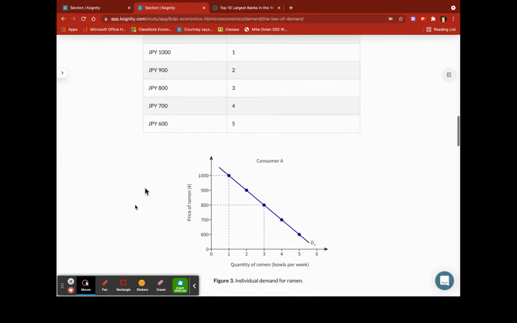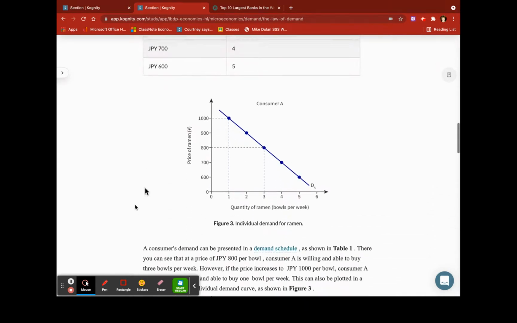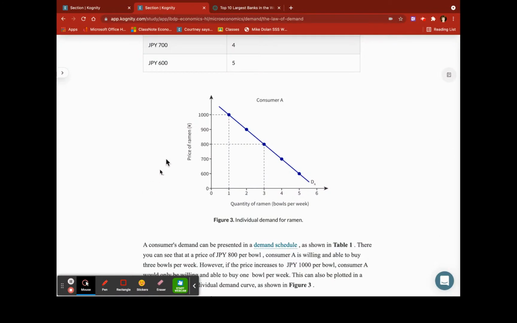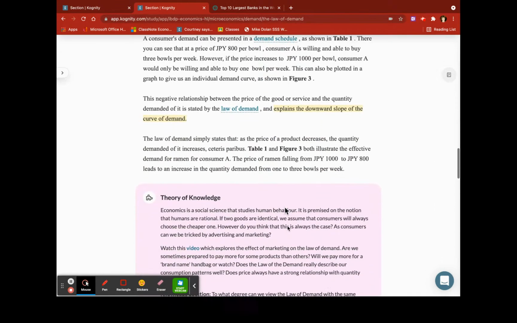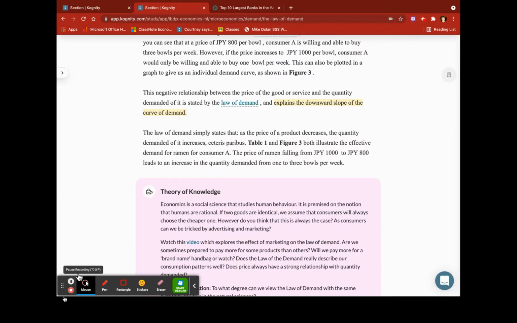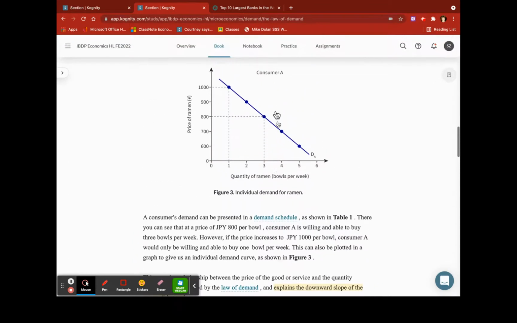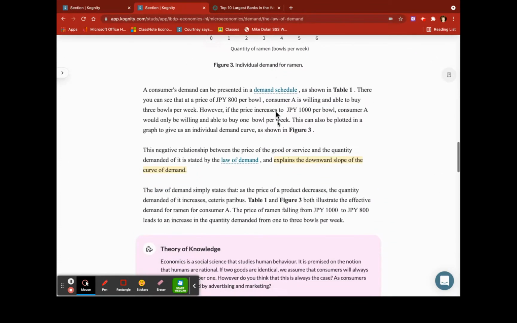So they graph one individual's demand for one individual product with the price on the left side and the quantity on the right side. That is the demand schedule for one person. Note that the law of demand explains why the slope is always downward sloping.